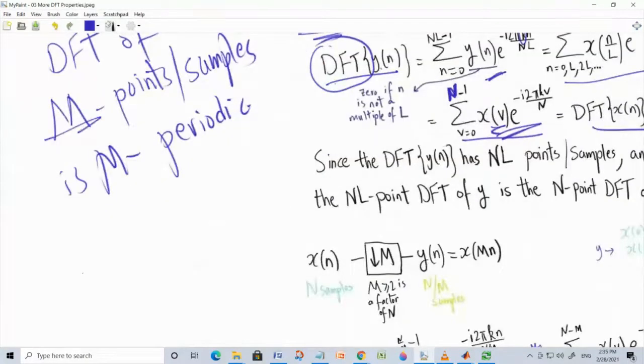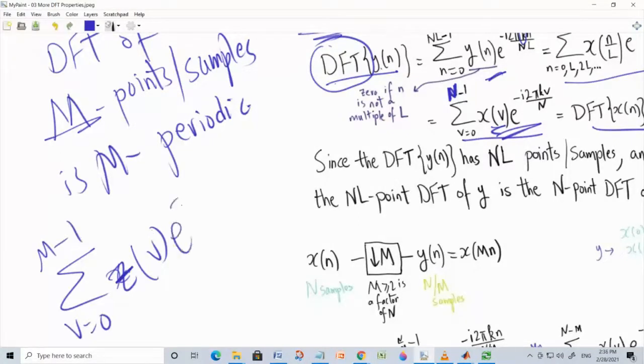So if you have M samples, then you have a summation of x or y or z of v from 0 to big M minus 1, e to the minus j 2 pi, v times the index, and then an output here, let's say s.